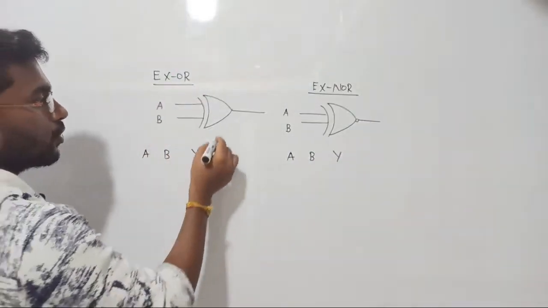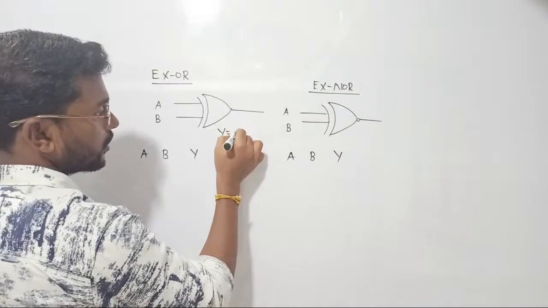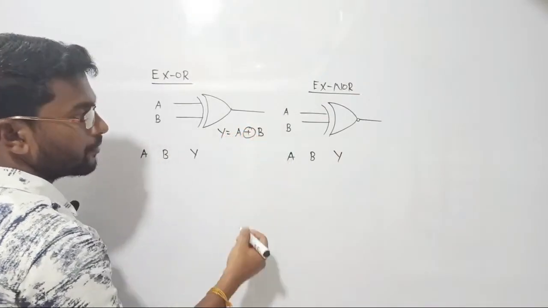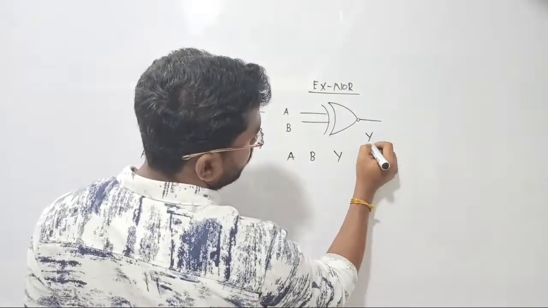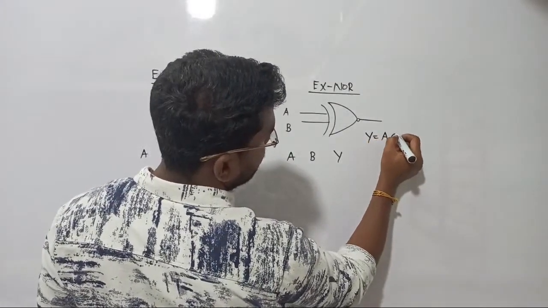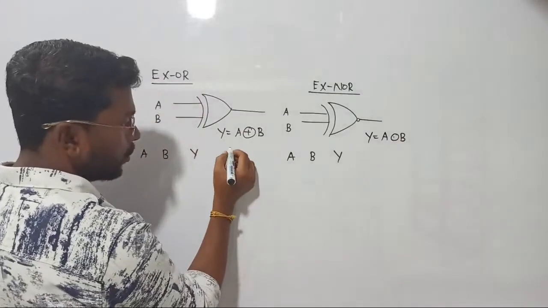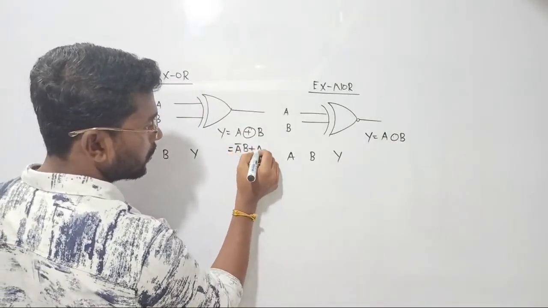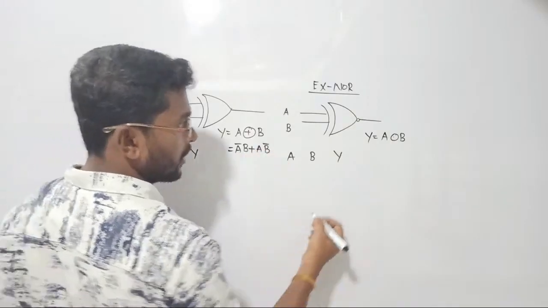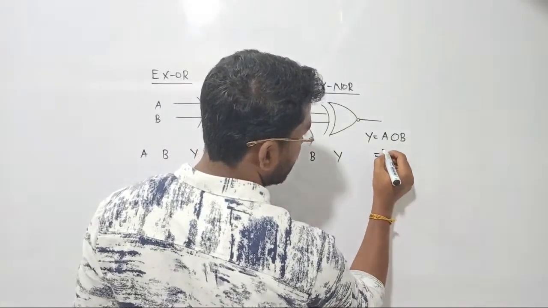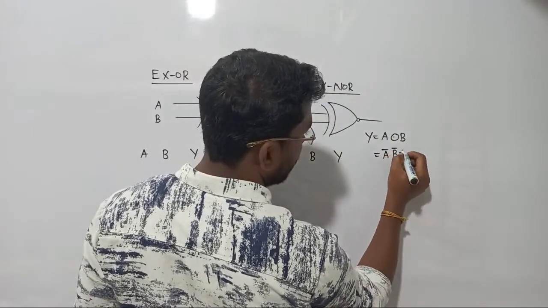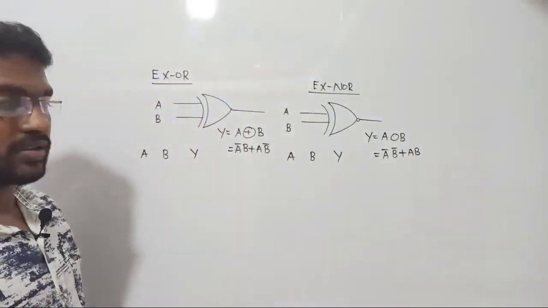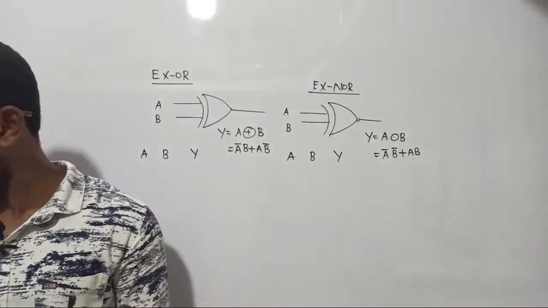Now what I had told you: in the XOR gate, the output is A exclusive OR with B, whereas the output here is A XNOR with B. We all know its equivalent is A bar B plus A B bar. Similarly, this one can be written as A bar B bar plus A into B. That's all; those are going to be the outputs.